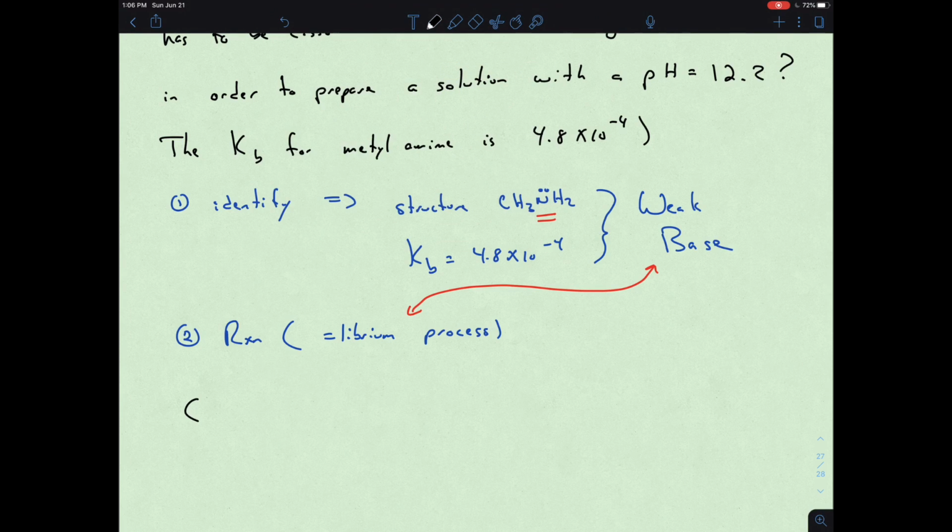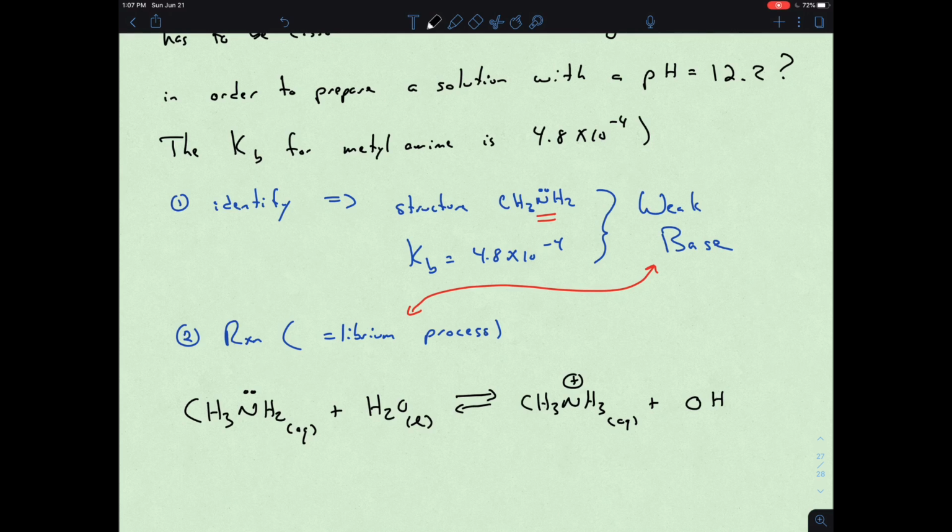And again, that comes from the identification that it is actually weak. So now we can show that proton shuffle, but now it's going the other direction. Instead of the proton being given to water, in this case, water is going to be donating the proton. And that generates methyl ammonium, as well as hydroxide. And so that is our Kb for the process.